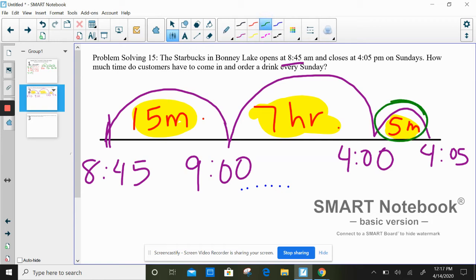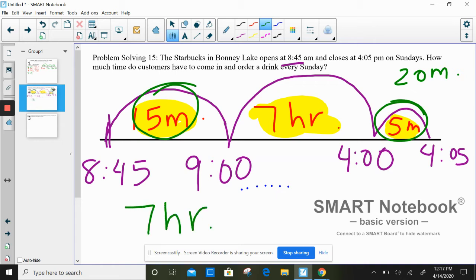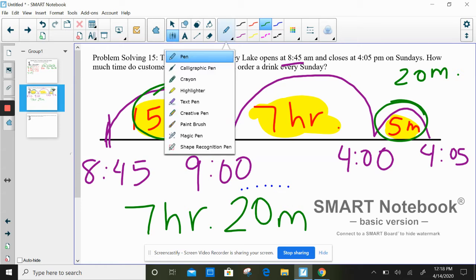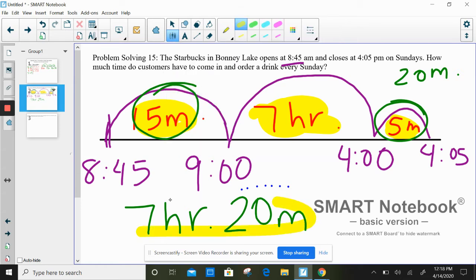So this one plus this one is going to give me 20 minutes. And then I just have my 7 hours. I have 7 hours and 20 minutes. Okay, that's my answer here using a number line. I'll highlight it because you should always highlight your answer.